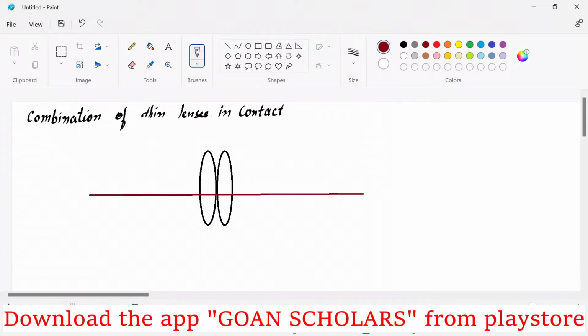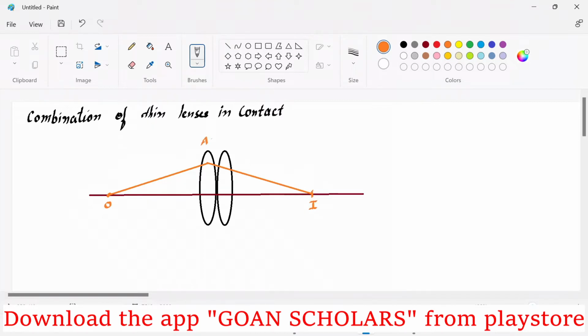Let's place the object, any object, over here, and let's call it O, and a ray of light is going through this O, and because of that you are getting a final image at I. Now be very careful, this image I is because of both the lenses.